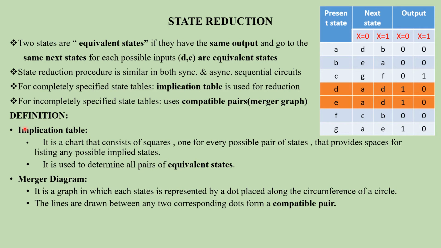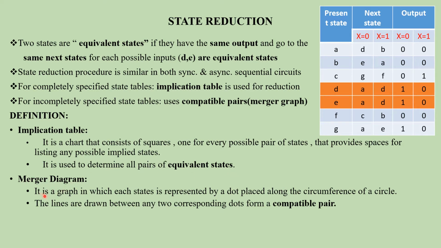So what is the definition of the implication table and merger diagram? An implication table is a chart that consists of squares, one for every possible pair of states, that provides spaces for listing any possible implied states, right? It is used to determine all pairs of equivalent states. Merger diagram.